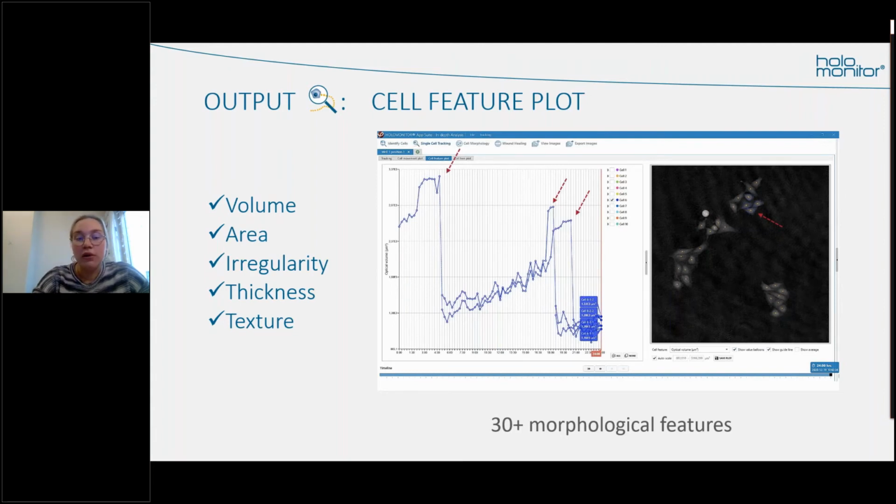HoloMonitor software is, however, not limited to only these 5 output features, but contains more than 30 different morphological features to choose from, depending on what you're interested in studying.